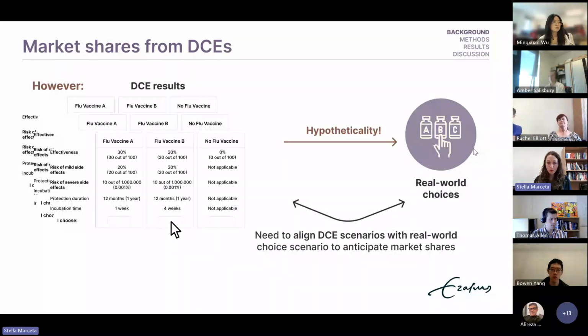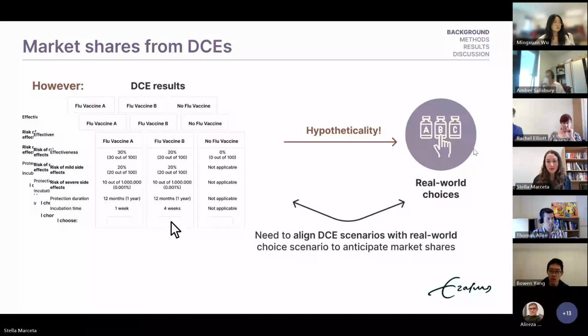But of course, you might already see the problem of hypotheticality, because in the end, we always record hypothetical choices, which is needed in health mostly because you can't just throw a bunch of things on the market and see what happens. So the main thing is that we need to align the DCE scenario as closely as possible with the real-life choice scenario to be able to anticipate these market shares as accurately as possible.